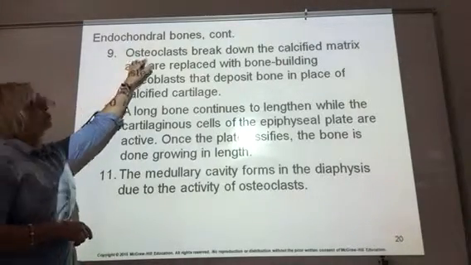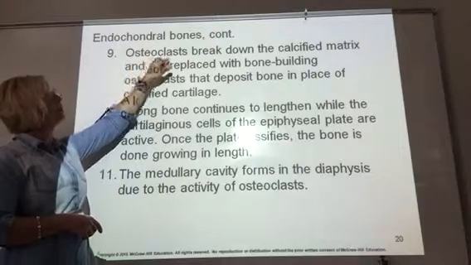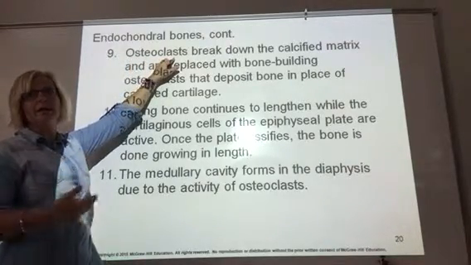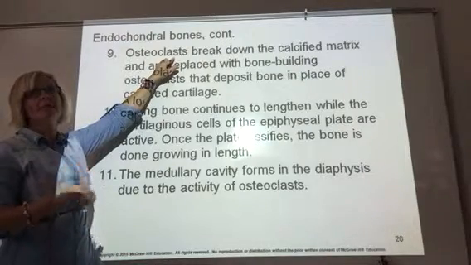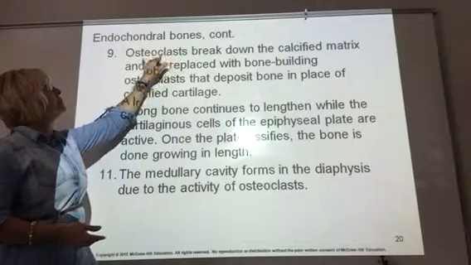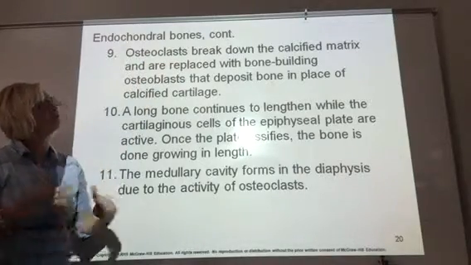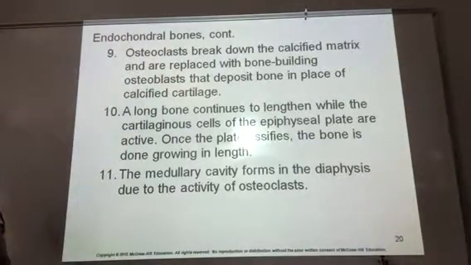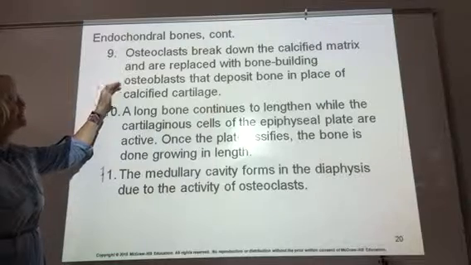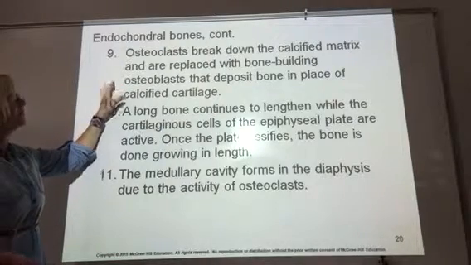So, new term, osteoclast. Clast is going to break down. Blast build, clasts break down. So osteoclasts are going to break down matrix, and they're going to be replaced by osteoblasts that deposit new bone.